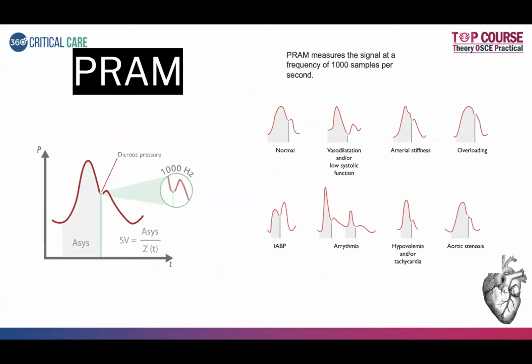It measures the signal at a frequency of 1000 samples per second. The normal curve will be this, and at various arterial resistances, the curve characteristics change. So it not only gives us indirect cardiac output monitoring, but also tells us what could be the underlying cause for the cardiac output change through different waveform characteristics.